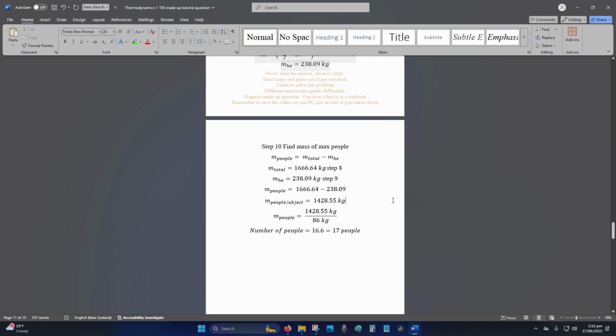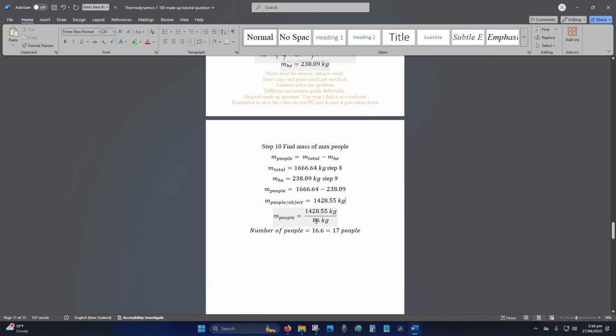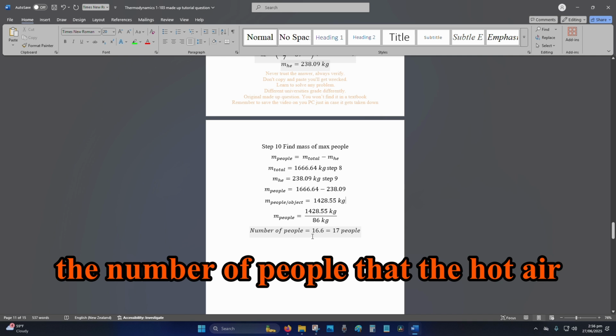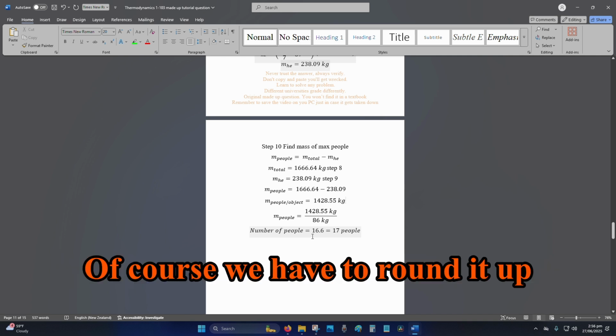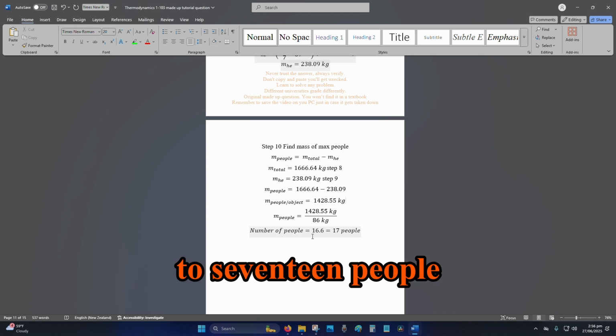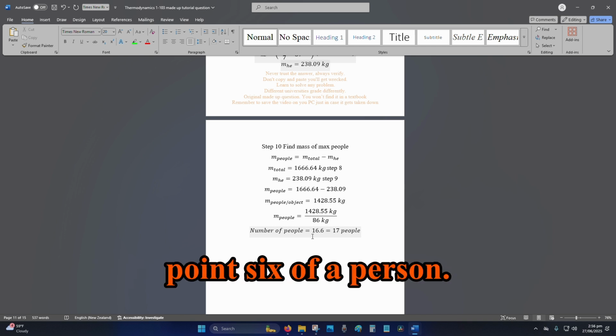So if you want people, it will be this mass divided by the 86 kilograms per person. So the number of people that the hot air balloon can carry is 16.6. Of course, we have to round it up to 17 people because we can't have a 0.6 of a person.